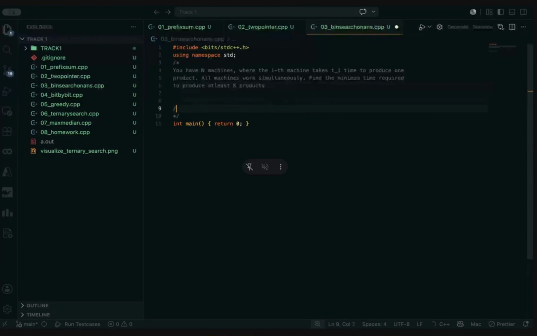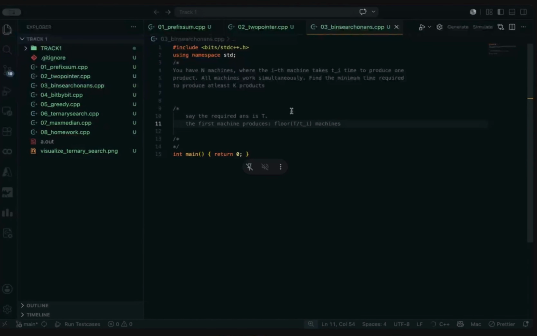So for this, how would you solve this? Say that it was given to you in a math exam. What we would do is, say the required answer is capital T. In capital T time, the first machine produces floor of T by Ti products.